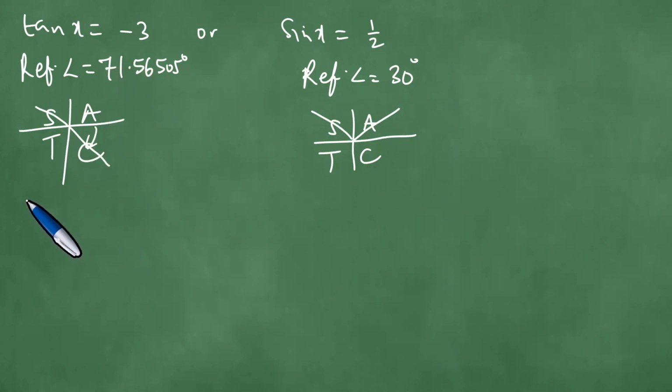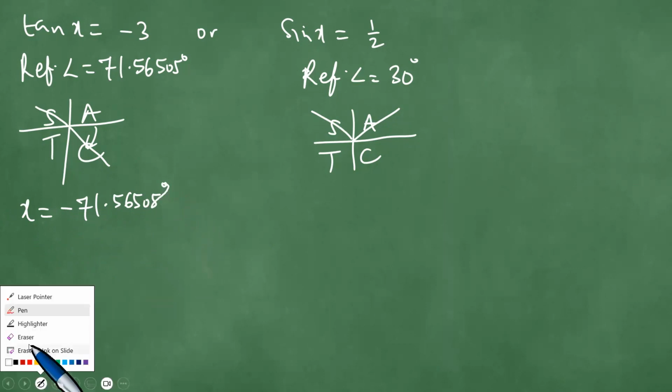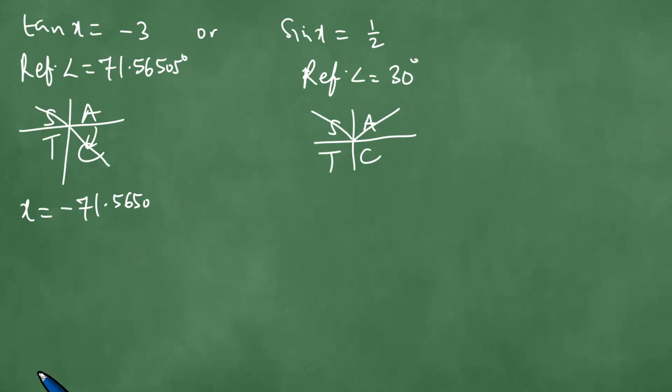Right, so which means that x is -71.56505 degrees plus 180 degrees times k, where k is an element of the set of integers. So in other words, we have found a solution that is in the fourth quadrant.